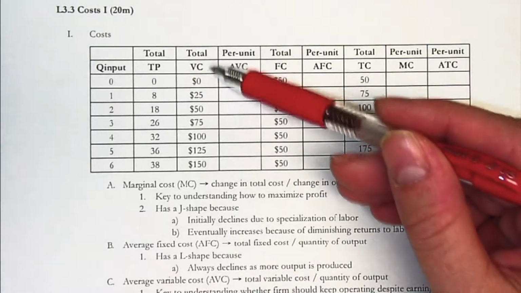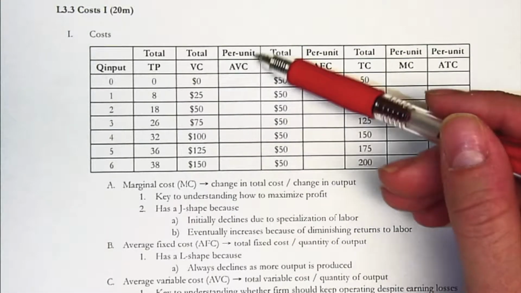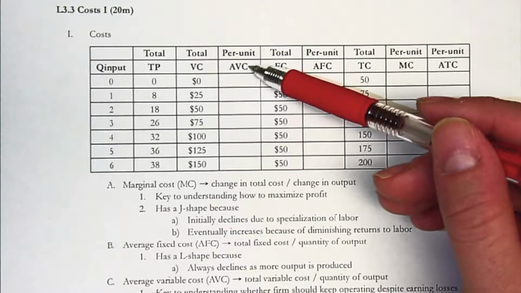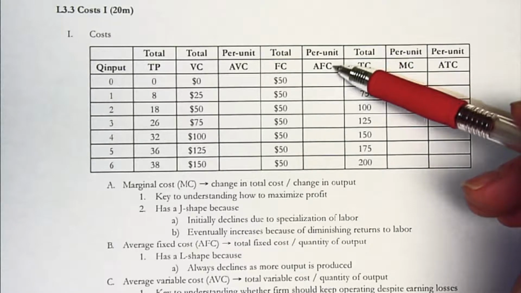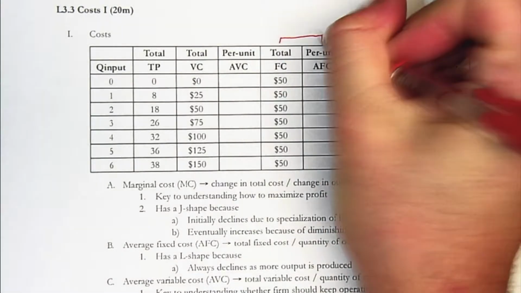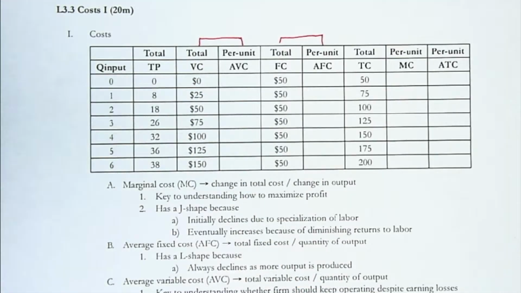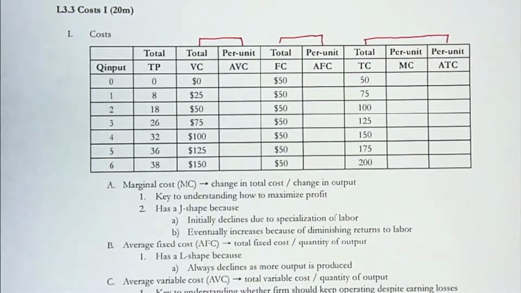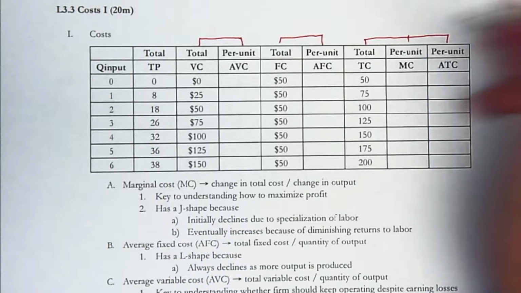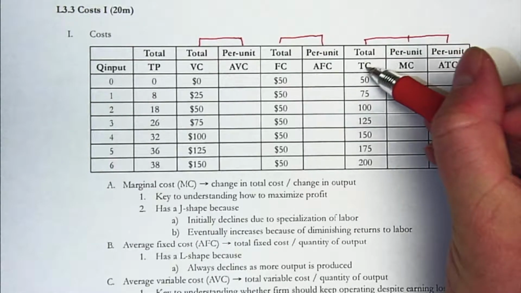You have total, and it goes with VC, and then you have per unit, and that's AVC. You have total, that's FC, and per unit, AFC. So these two are going to be linked, and these two are going to be linked. We're also going to find that these three are going to be linked together. So the per units MC and ATC are going to link with this one.